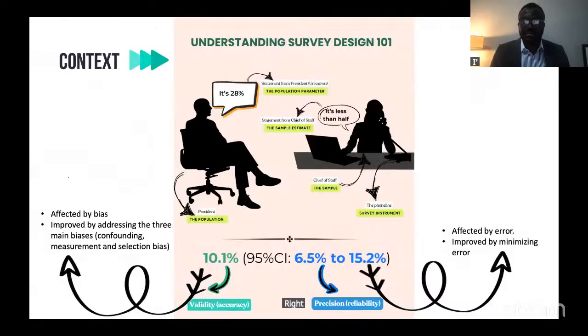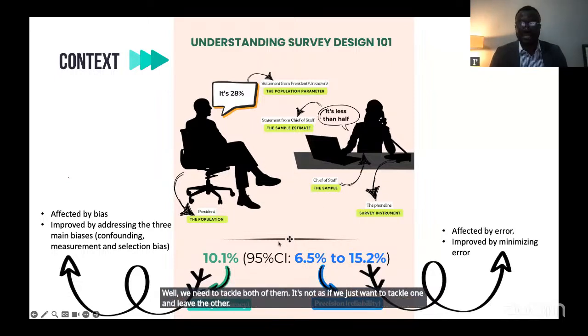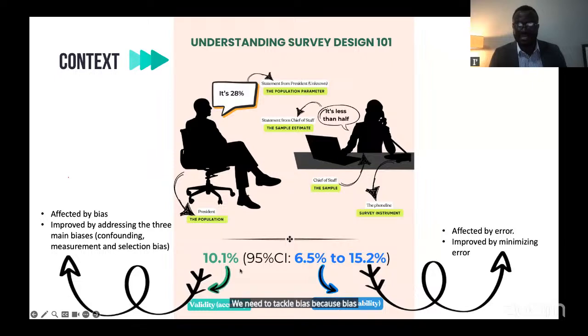And let's tie that back into our previous illustration. Why do we concern ourselves with issues of bias and with the issues of error? Well, we need to tackle both of them. It's not as if we just want to tackle one and leave the other. We need to tackle bias because bias affects the point estimate. And we need to tackle error because error affects the precision, right?